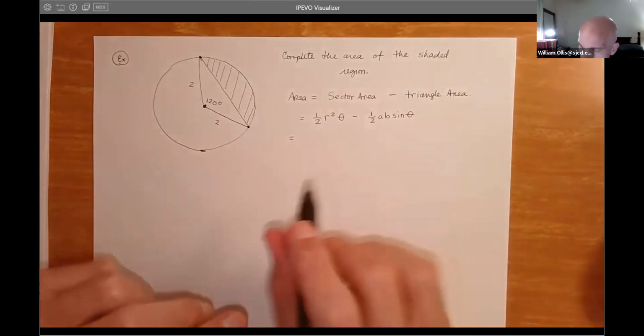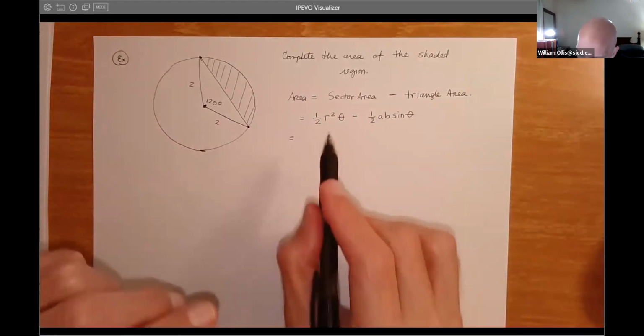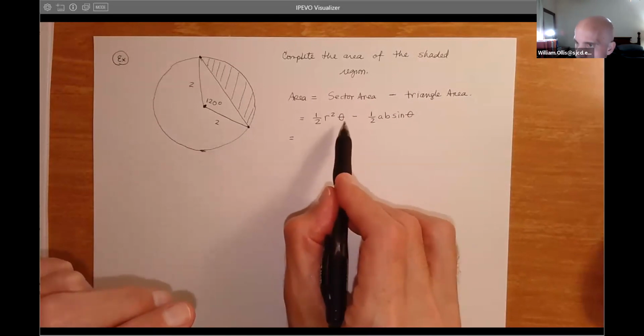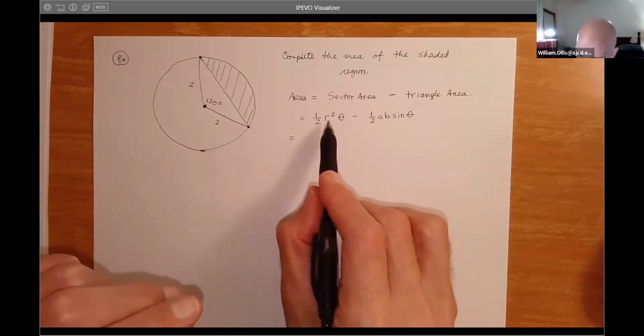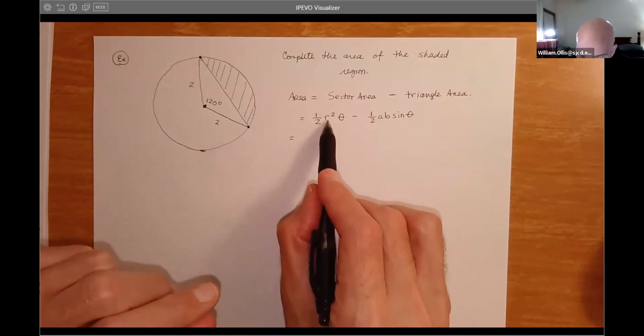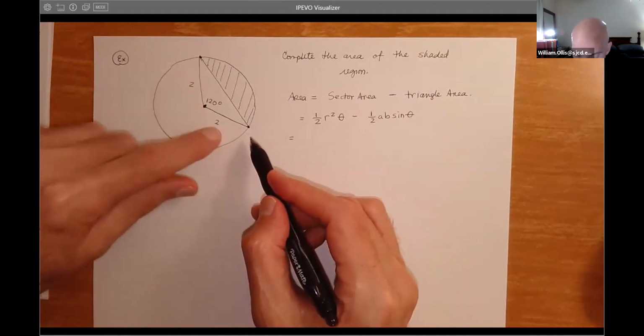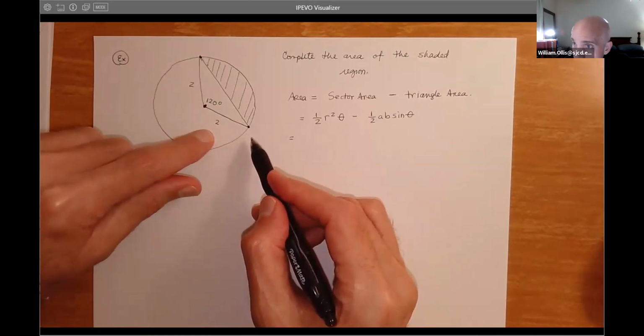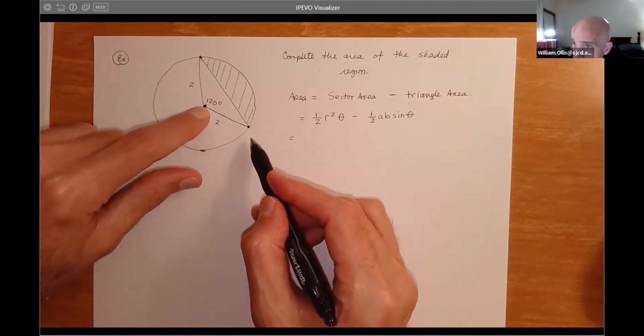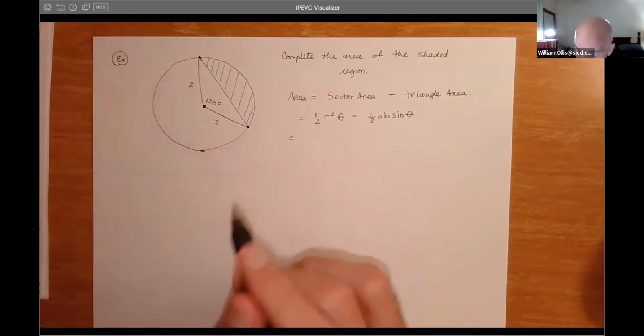Now, of course, simple, right? We know what theta is, and we're going to have to convert it to radians, so we'll do that. But let's just go ahead and fill in the r for the circle, again, is 2. And then, of course, the 2 legs are also 2, and the included angle. So we've got a lot of overlap here.